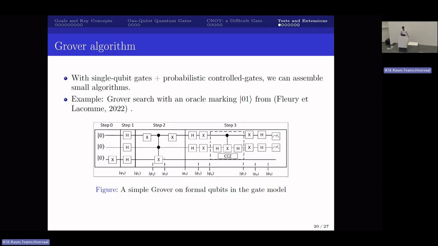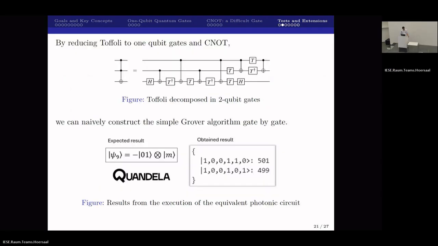Using this method, you can rebuild Grover's algorithm using single qubit gates and probabilistic control gates. For instance, we can make this Grover circuit. And we will need to transform Toffoli gates using this decomposition.